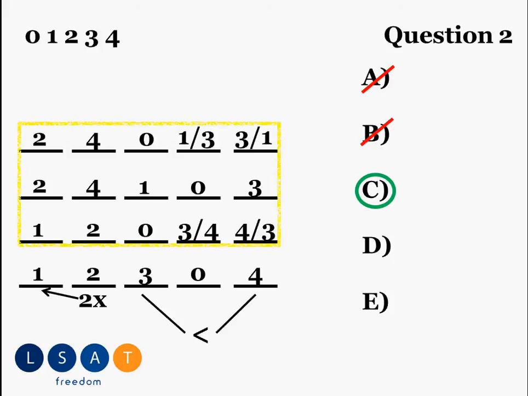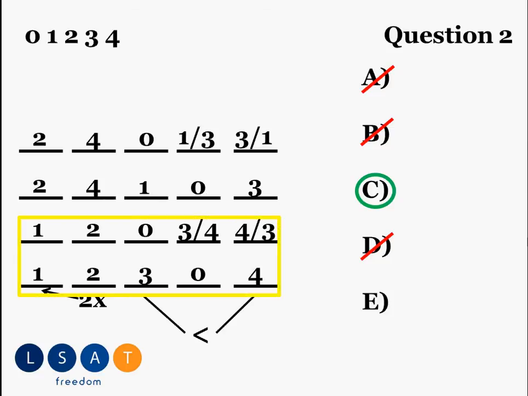So D is incorrect. And then E is also problematic because 4 does not come before 3 in these last 2 templates. So, in fact, in that top one, only one variation shows 4 going before 3, but the other one shows 3 going before 4. So E is also incorrect, and so C is the correct answer for question 2.